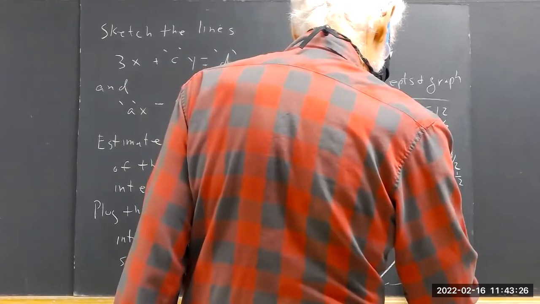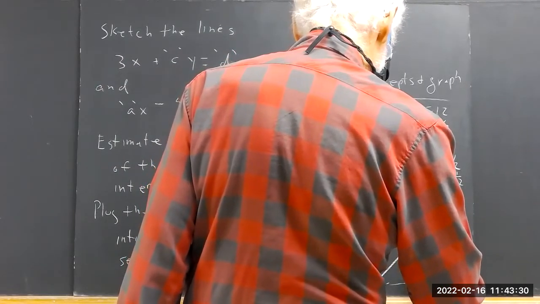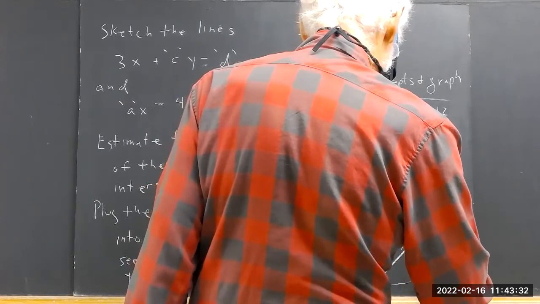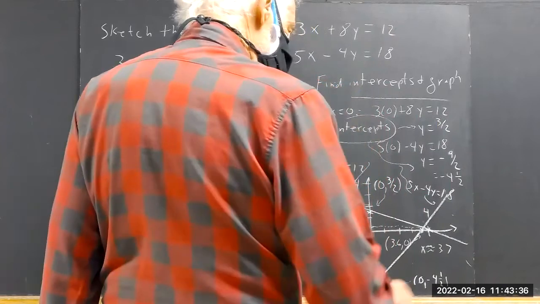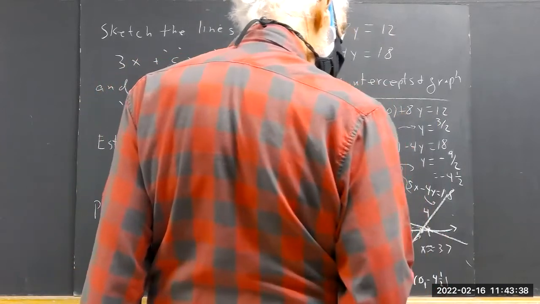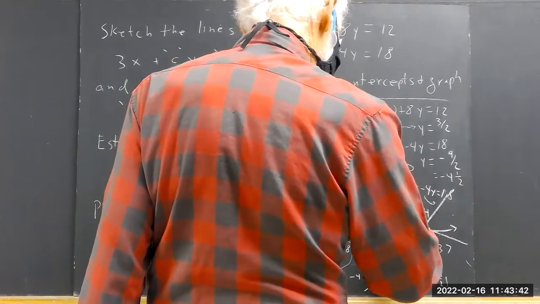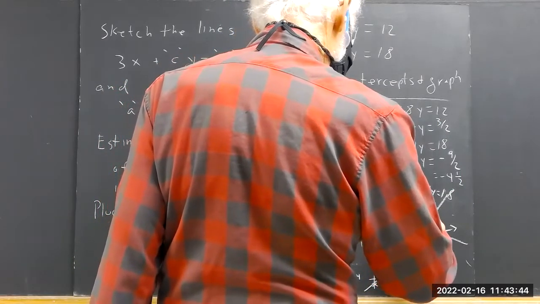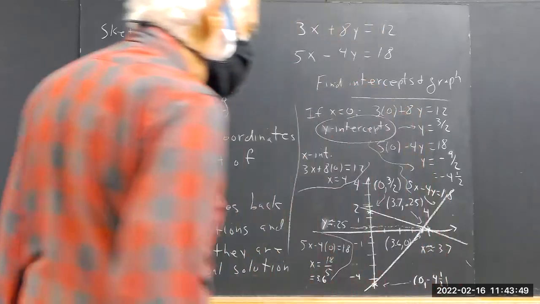So y here approximately equals 3.7. So now our point of intersection is 3.7, 0.25.